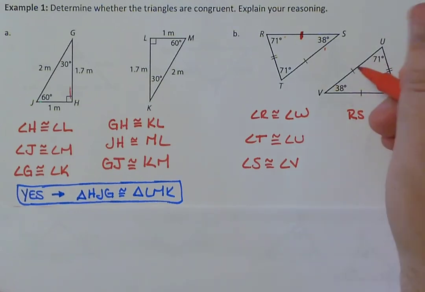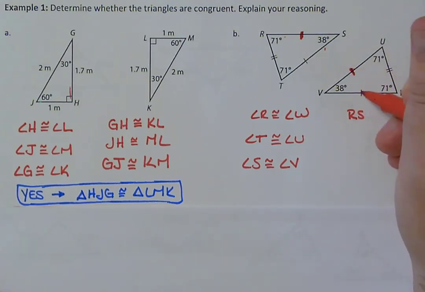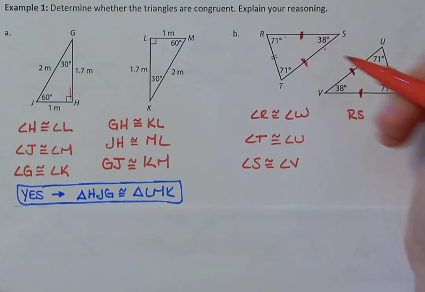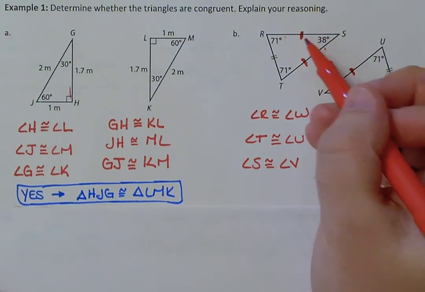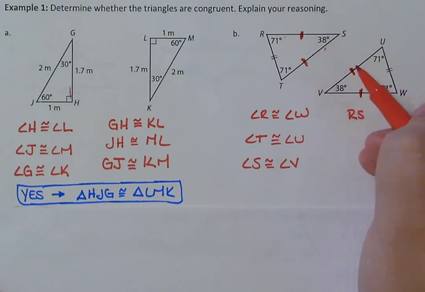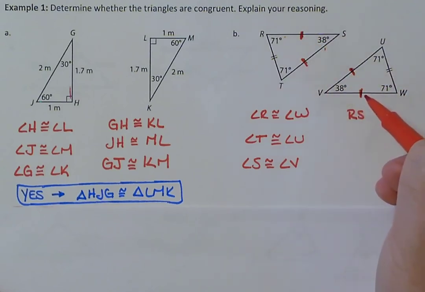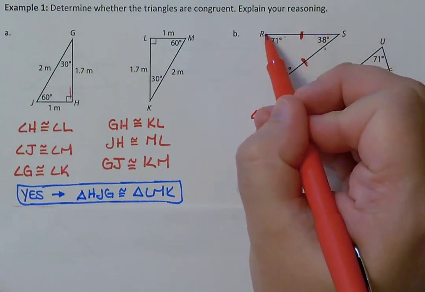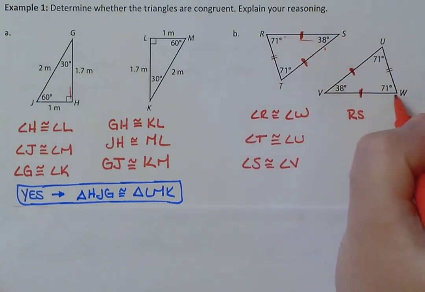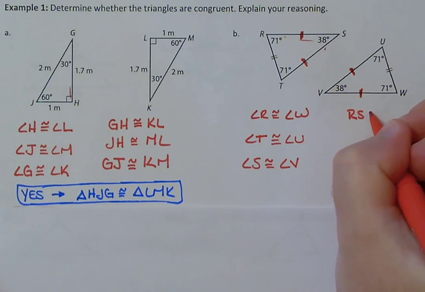And if we see over here, I've got 2 tick marks that match this one, same as with ST. So what this means is that all 4 of these sides are congruent to each other. That means they're all equal to each other. So I can say RS is congruent to WV.